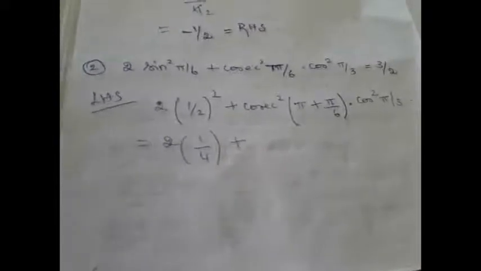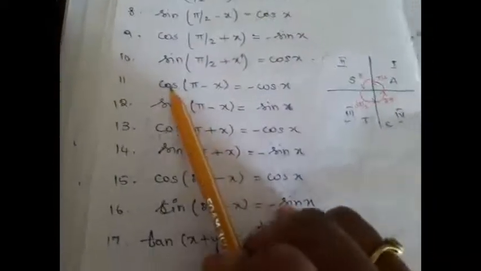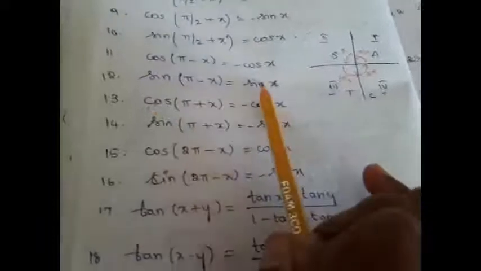We have learnt in yesterday's identities, for the cos and sin trigonometric ratios, if you add or subtract pi or 2 pi, it will remain as such. Hope you remember, right? It will behave in the same way. Cos will remain cos, sin will remain sin. See here, cos of pi minus x is cos x only, sin of pi minus x is sin x only.